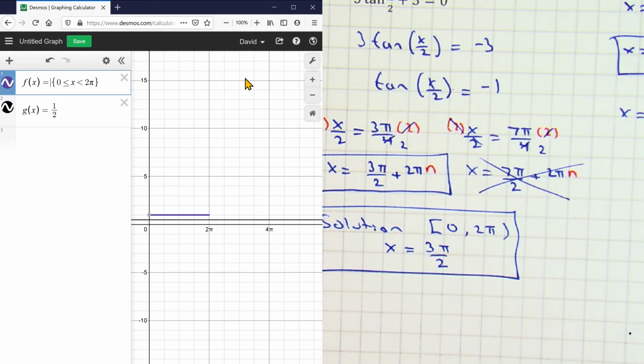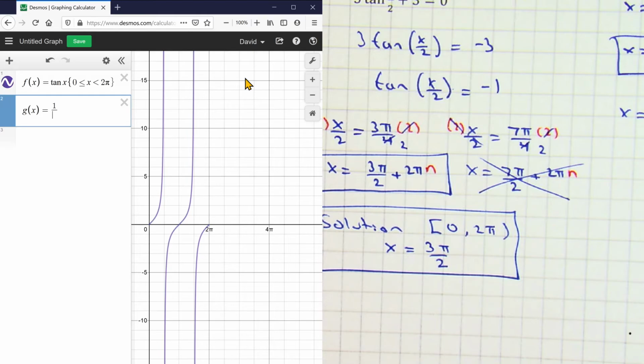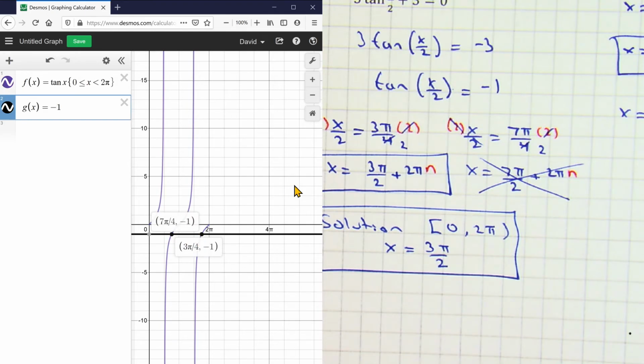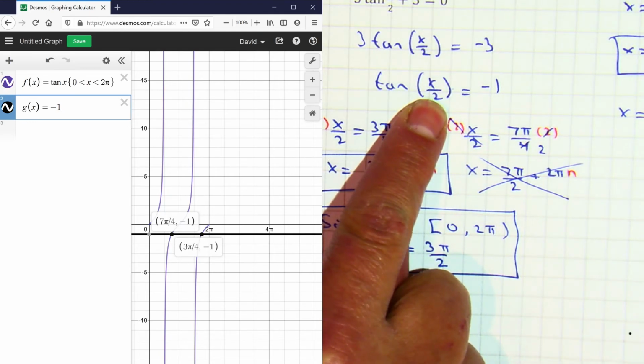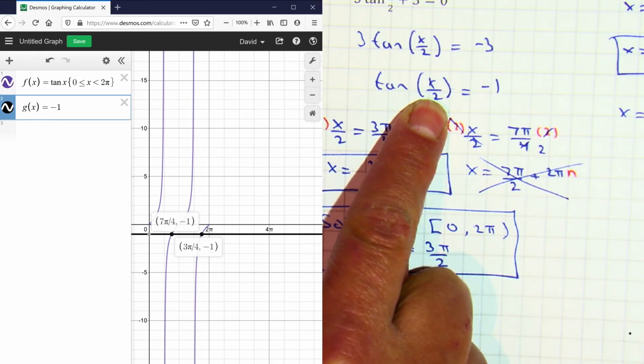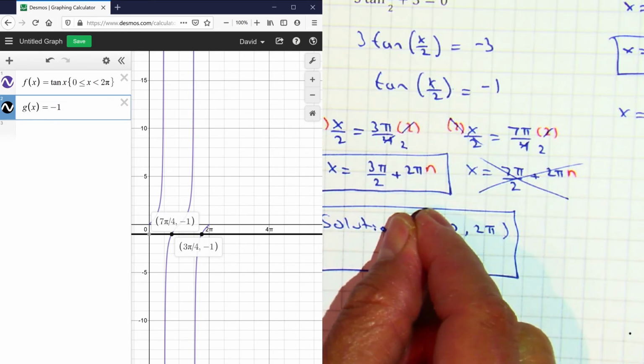And I'm going to type in, first let's type in tangent of x equals -1. So if it was tangent of x, then we will have two solutions, right? But what happens if you have a 1/2 as the coefficient for b? Then that's going to be a horizontal stretch.